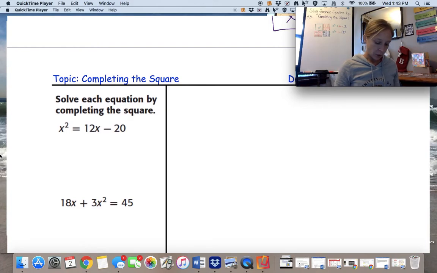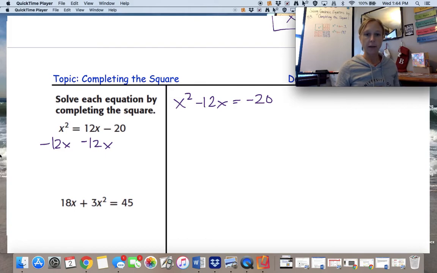Okay, so to do that, what I'm going to need to do is subtract this 12x from each side. So all the x squared minus 12x equals negative 20. Divide by a if needed. Notice there is nothing in front of the x squared, no need to divide.